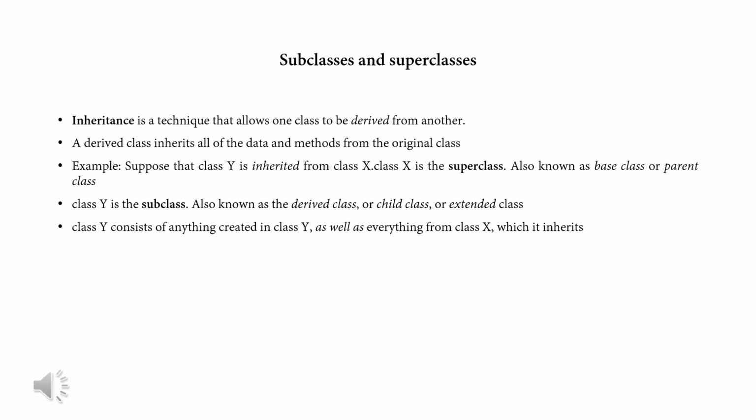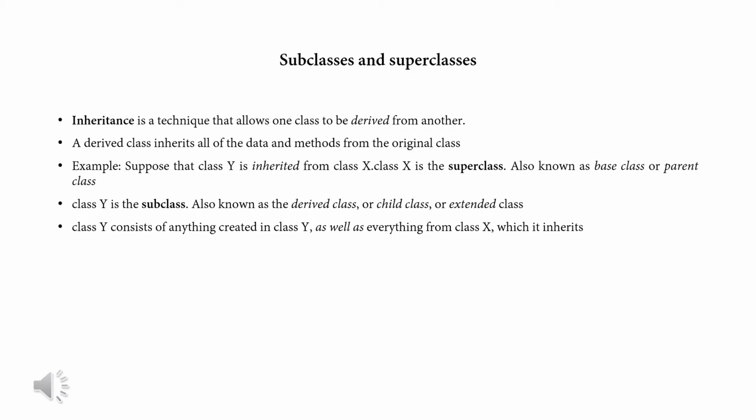Now, what we want is for class number two to be partially or completely the same as class number one, right? So here we use the inheritance technique in Java. We say class number one is a superclass, also known as a base class or parent class, with all of the methods, data, and variables.